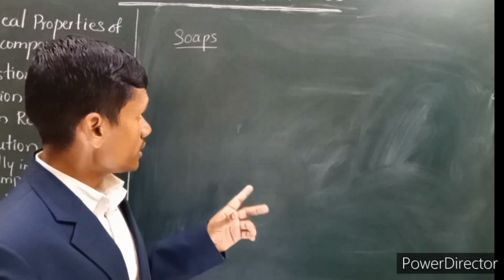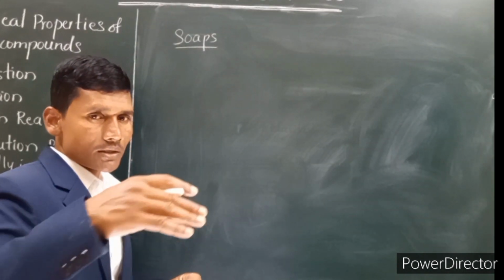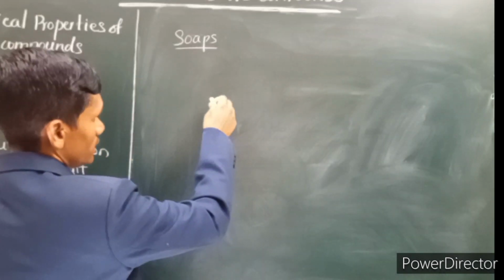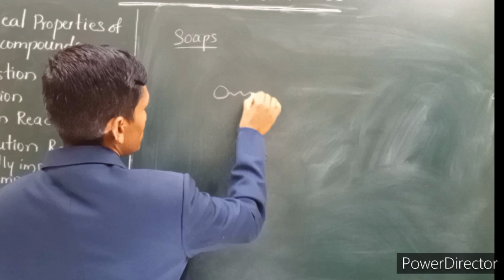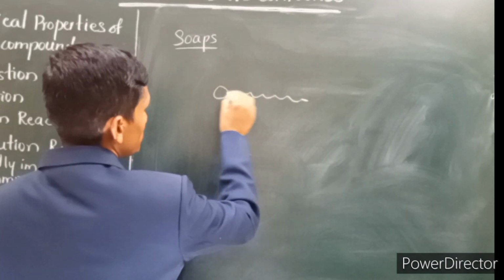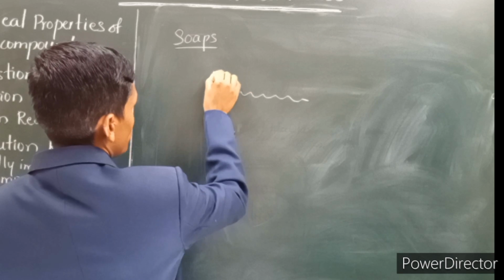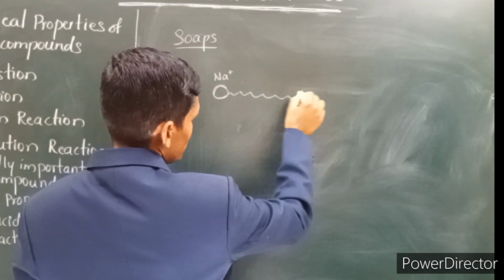But when we take this long chain of carboxylic acid, either the sodium salt or potassium salt, it has two ends. This is one end, the long chain of carboxylic acid, and this is the ionic end. If it is Na plus, here is the carboxylic end.